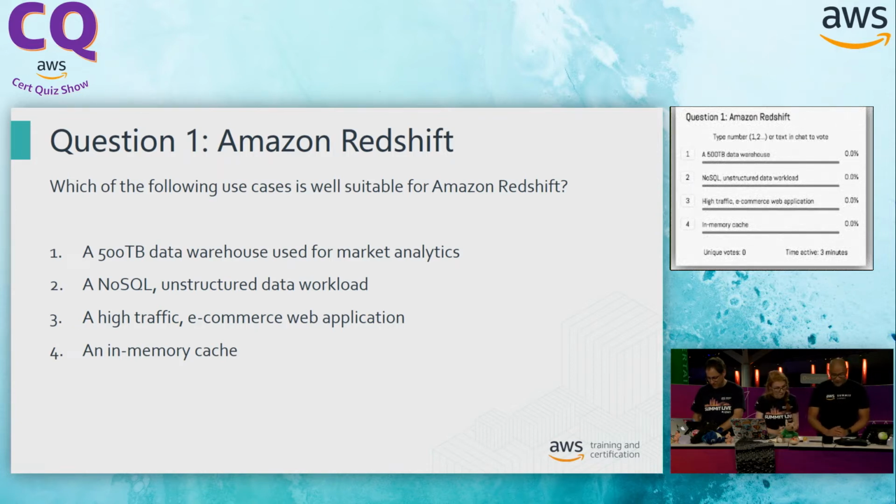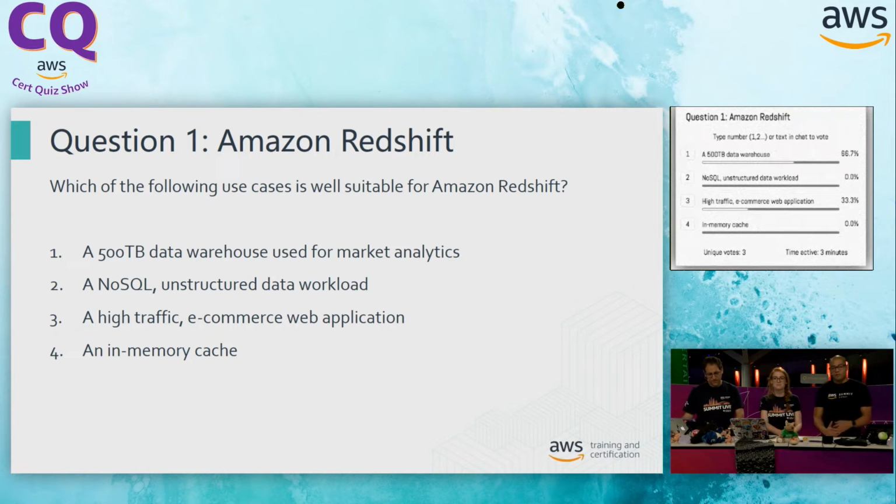Okay, number 2. All right, so a NoSQL unstructured data workload. Well, Redshift is a relational database. So this particular answer, a NoSQL database, non-relational database, doesn't suit Redshift. Typically the service that you would use for this is DynamoDB. So we can cross that off as the incorrect answer. The next one, a high traffic e-commerce web application.